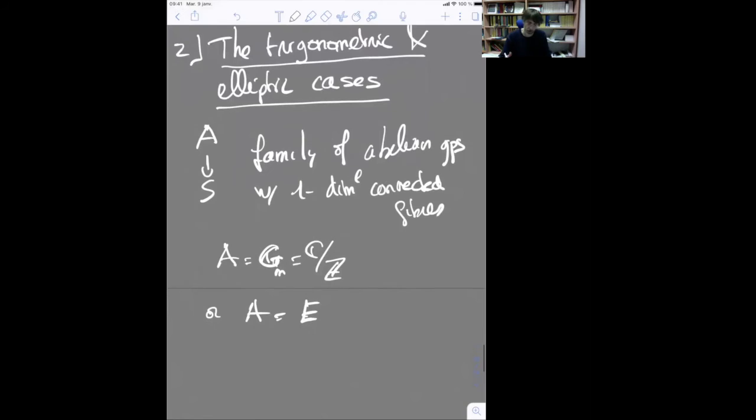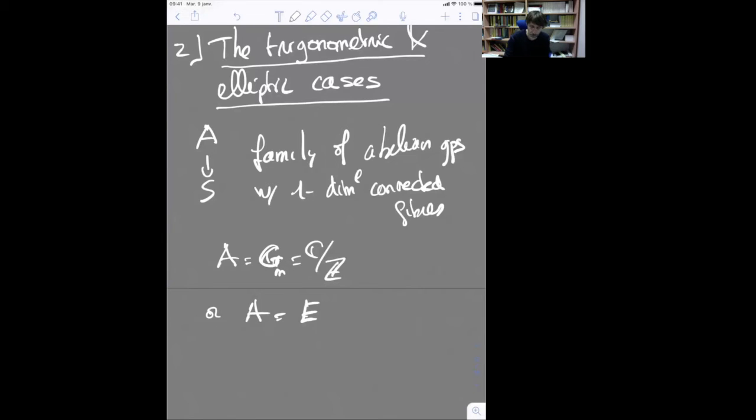Sometimes people ask what the more general situation is. You could consider a higher-dimensional family of abelian groups. The thing now is to make a product so that you have an action of a big arithmetic group.